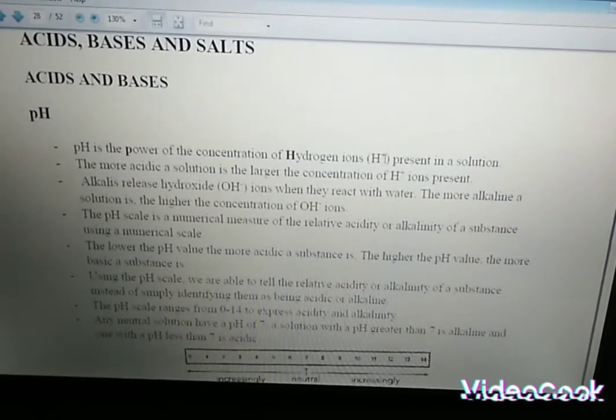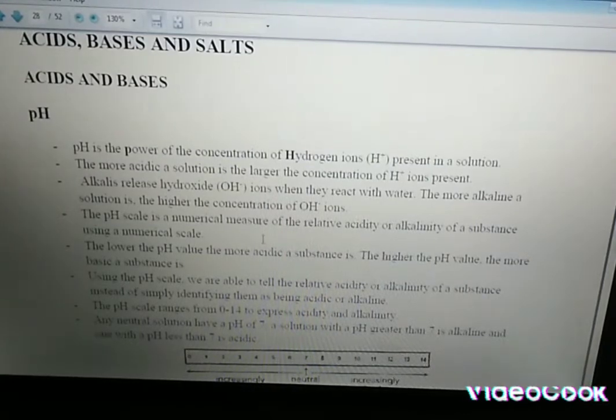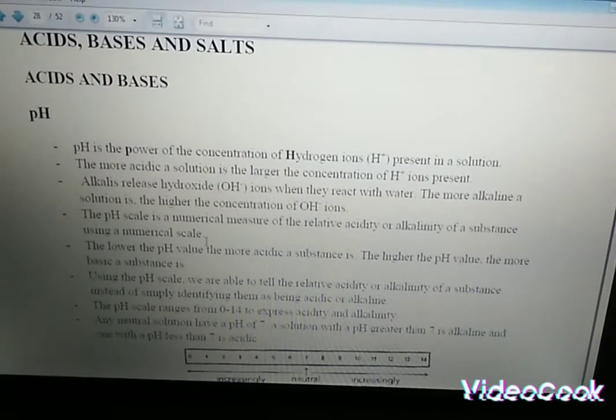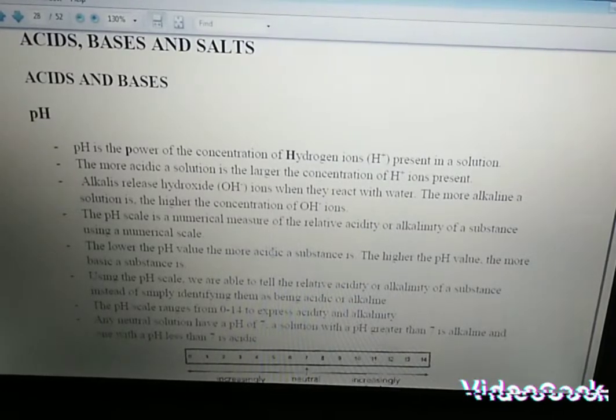The more H plus ions we have, we say it is an acid, right? So the pH scale is just a numerical measure of the relative acidity or alkalinity of a substance. It tells us whether what we have is an acid or a base, right?